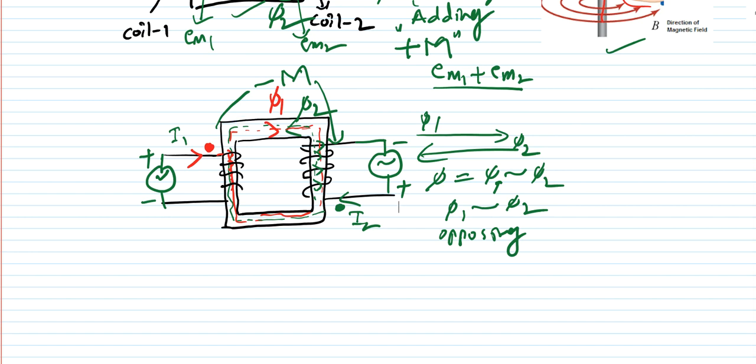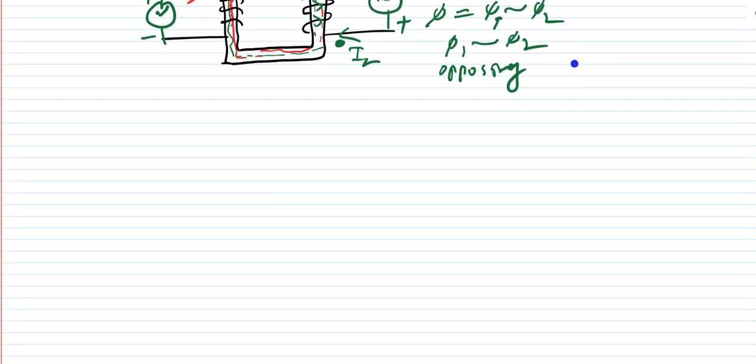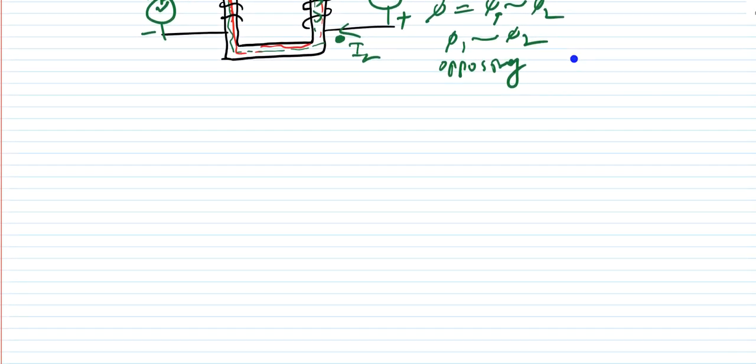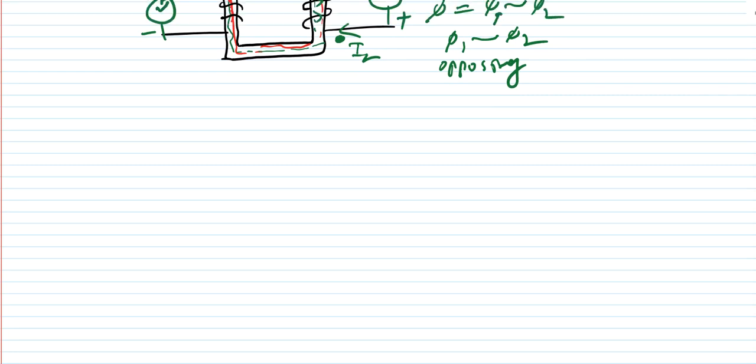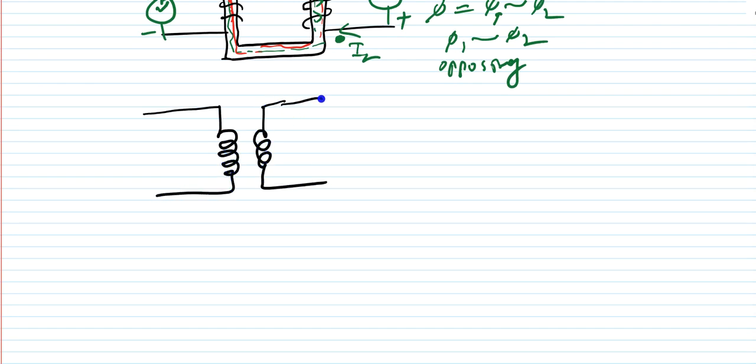Now we'll see what is meant by self-induced EMF and mutual induced EMF in the case of your transformer, or you can have two coils. Suppose I have two coils, coil 1 and coil 2, coupled to each other, assume.